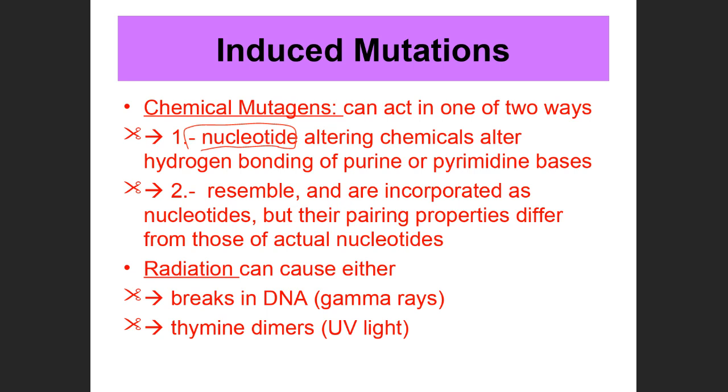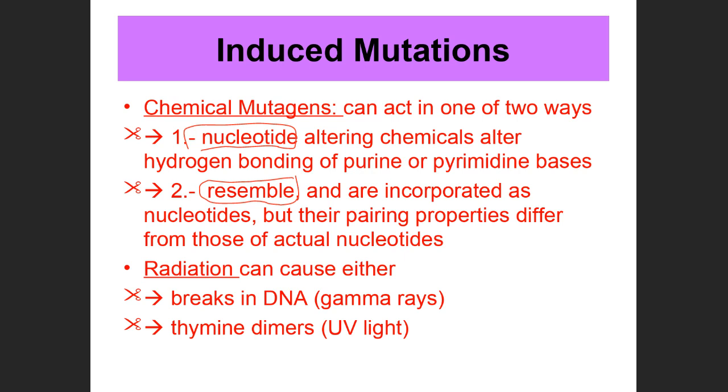Another way is that they resemble nucleotides. The mutagen itself will be incorporated into the DNA because DNA polymerase thinks it's a nucleotide, but it's not, and it doesn't base pair the way a normal nucleotide does.